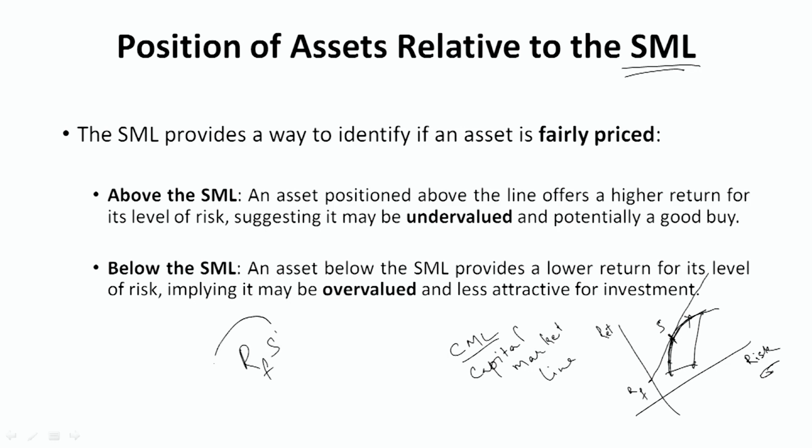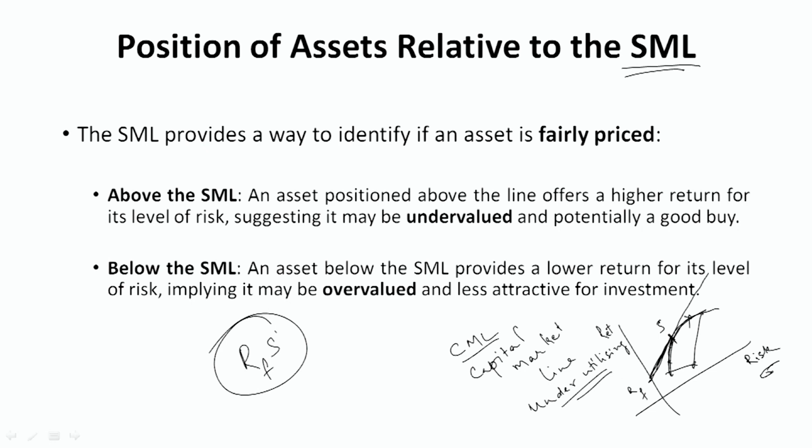RFS is talking about all the combinations of risk plus risk-free assets. So it is a combination of risk plus risk-free assets, and any point below S is something where you are underutilizing invested money.